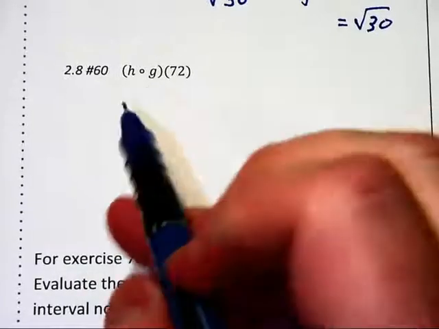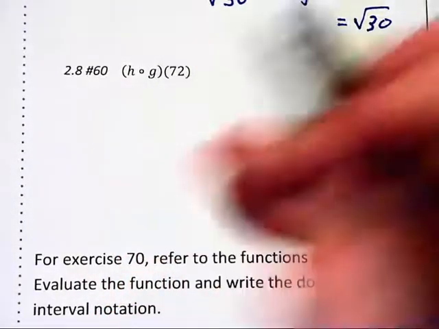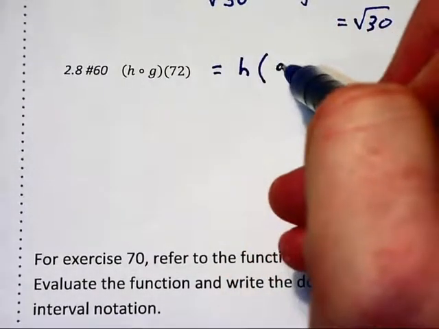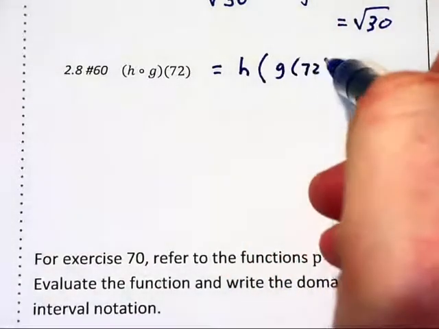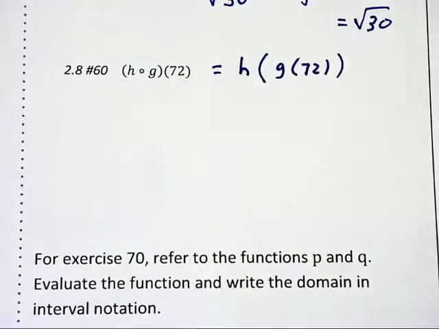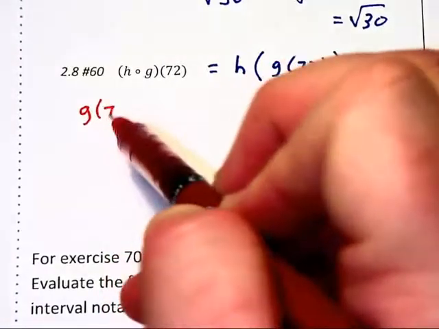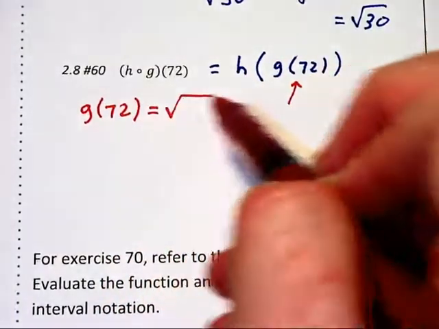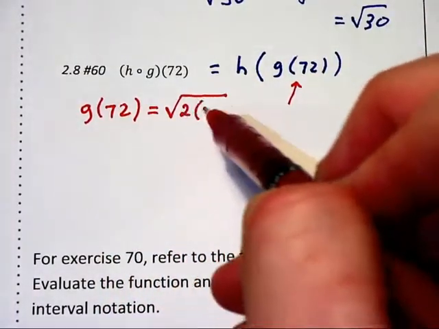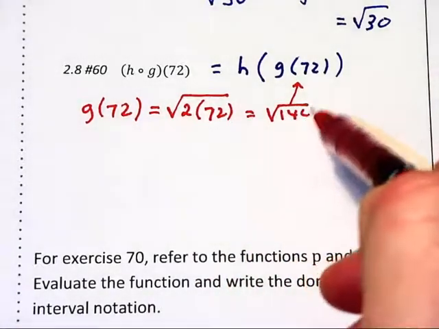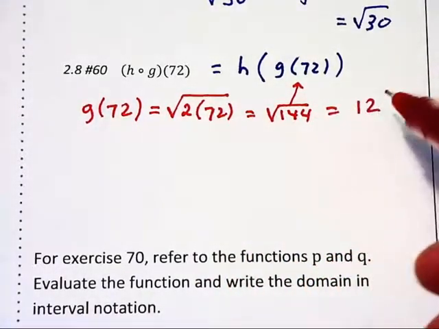Continuing on, we have h composite g of 72. This can also be written as h of g of 72. So the first thing we want to do is find that g of 72. G of 72 is equal to the square root of 2 times 72, which is equal to the square root of 144, which is equal to 12.